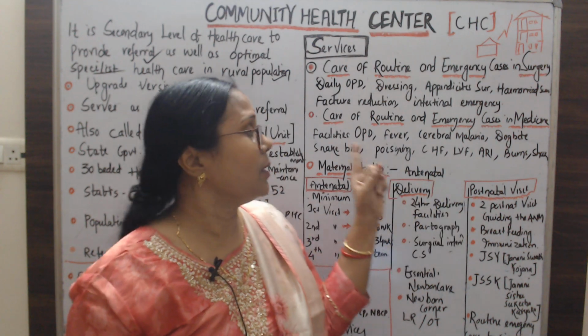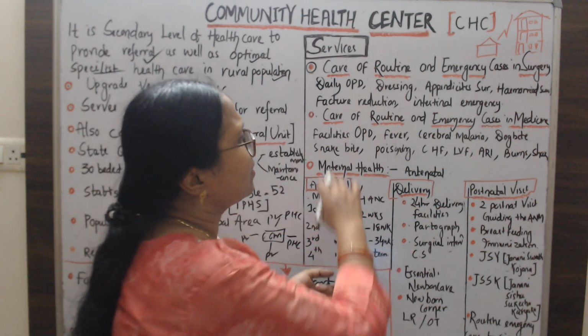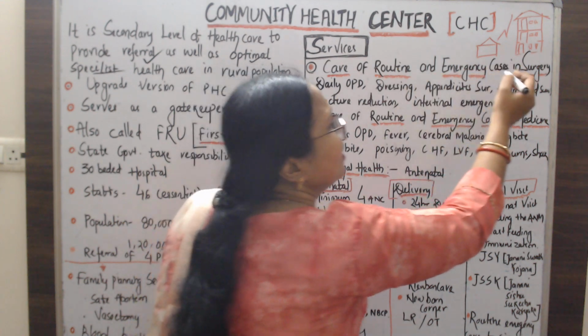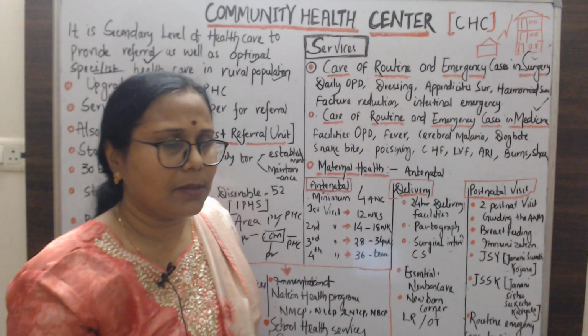So this is the care of routine and emergency cases in medicine. Both are the same thing, care of routine and emergency cases: the first is surgery, the second is medicine. So it is very easy to remember.